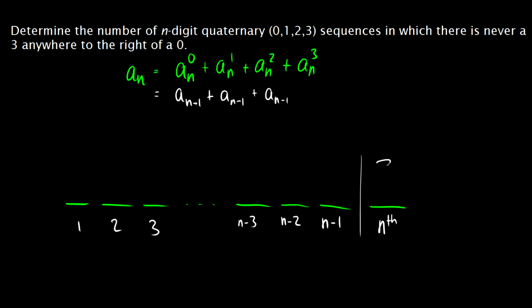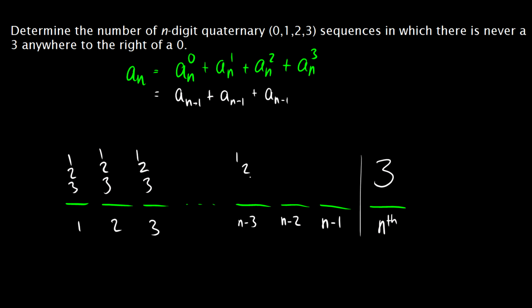But if the last one's a 3, we can't have a 0 in any of these positions. So that's not okay, that's not okay, that's not okay. We can never have a 0 in any of these. So what does that mean? Well, that means for position 1, it can either be a 1, a 2, or a 3. For position 2, it can be a 1, a 2, or a 3. For position 3, it can be a 1 or 2 or a 3.